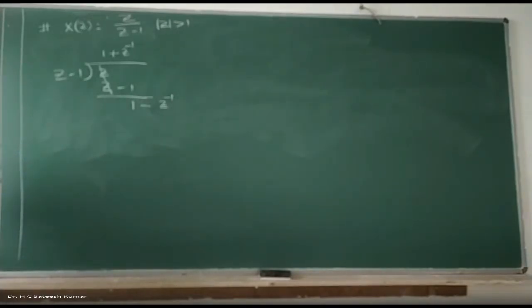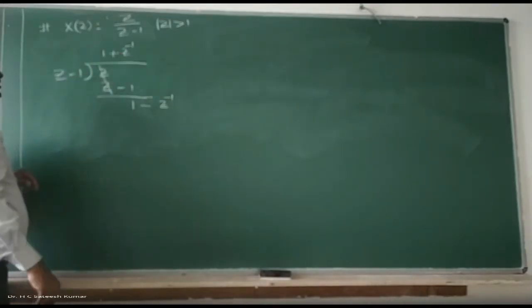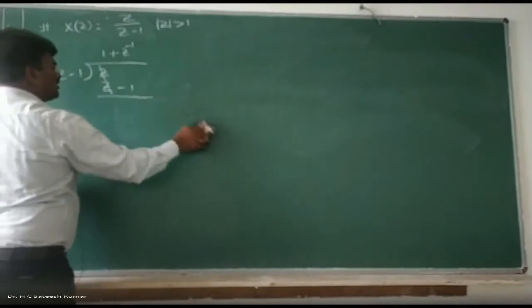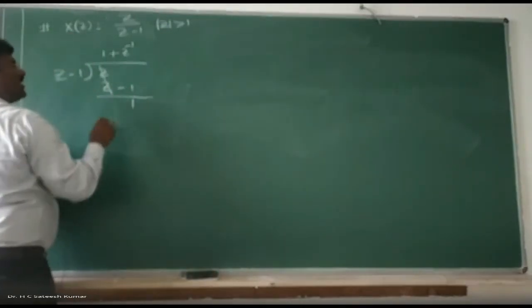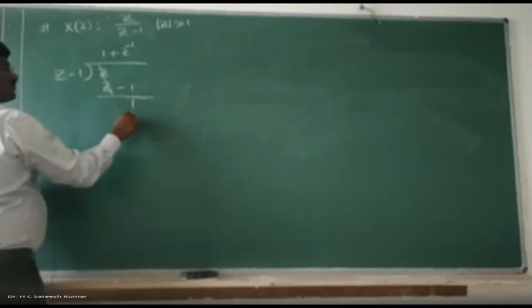So what do we have? We got 1. Once this z is cancelled, if you subtract it, you will get plus 1. To get plus 1, what should you do? Z to the power of minus 1. Z to the power of minus 1 into z is 1.